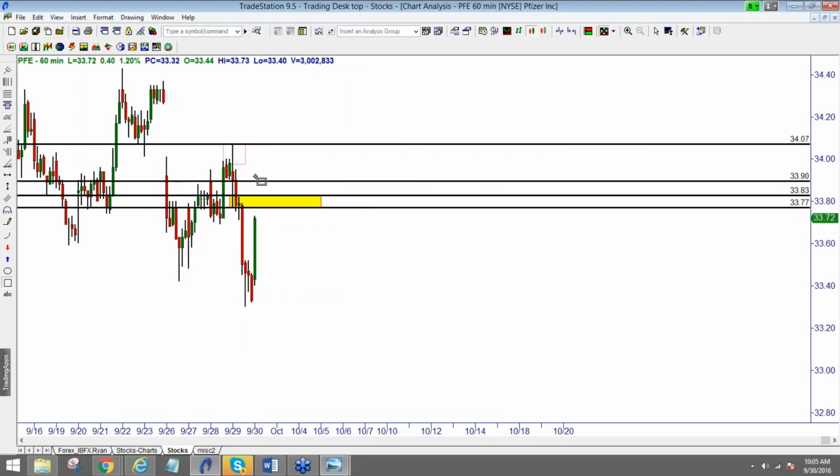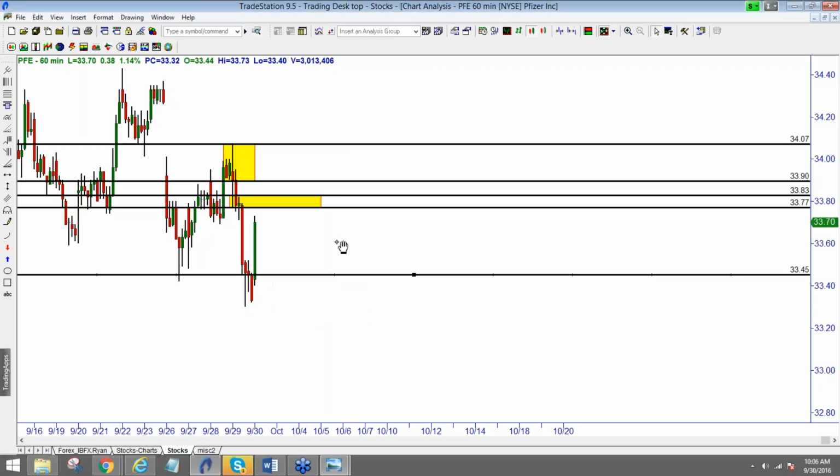Yeah, I like this. This is just that little hiccup on an otherwise nice orderly move down. So we'll see if this touches first, and then that would be like my backup plan. Obviously, we like this one a little. It's all of 6 cents, so the risk is minimal. Let's see, what would my reward be if I get to that one? So 32 cents.